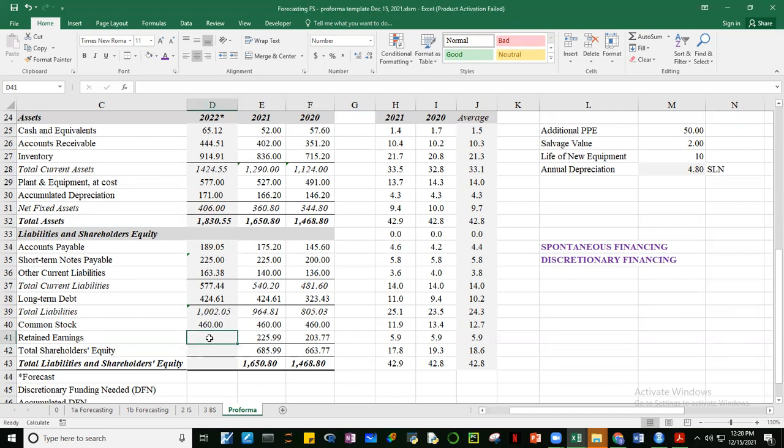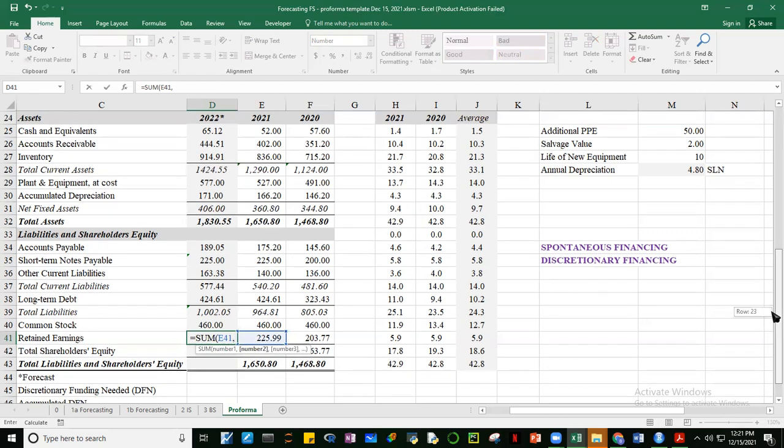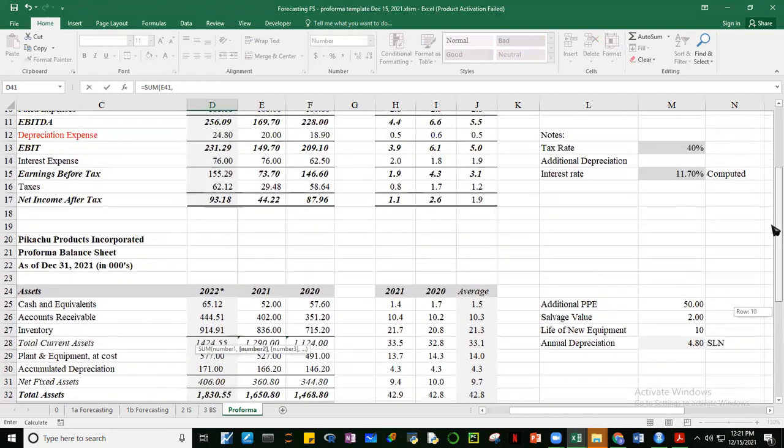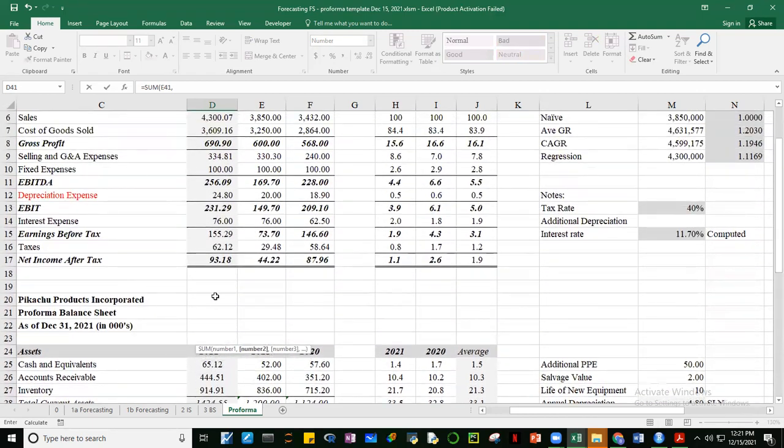So now our retained earnings ngayon. Our retained earnings will simply be yung previous retained earnings, so isasama natin yung previous retained earnings at saka idadagdag natin yung addition to retained earnings this year. Dito manggagaling sa income statement yun. Okay? So, since wala naman dividends, ang addition to retained earnings will be your net income after tax.